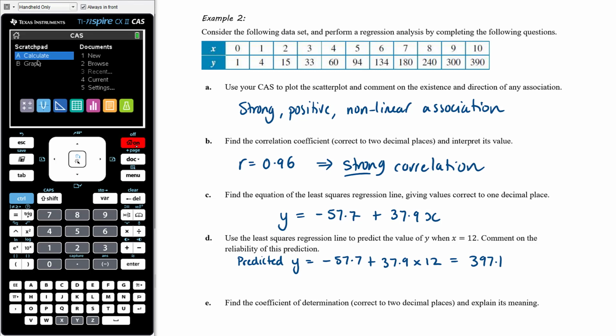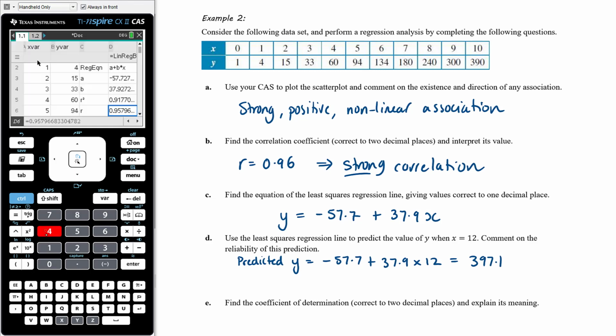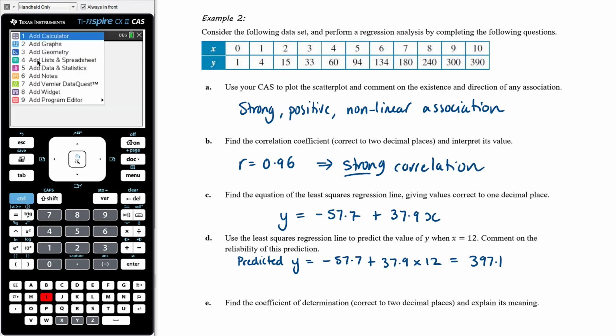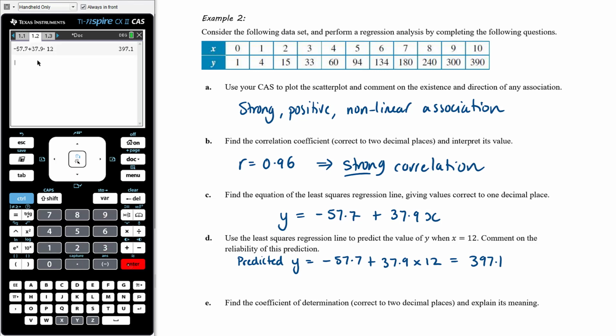It's my maths methods habits. If I go, so Control I for a calculator page, I'll do that same calculation here, minus 57.7 plus 37.9 times 12.